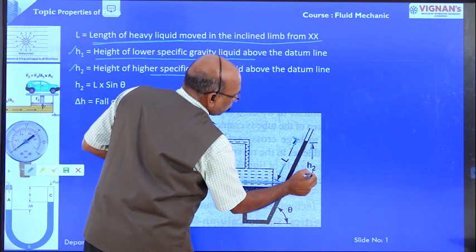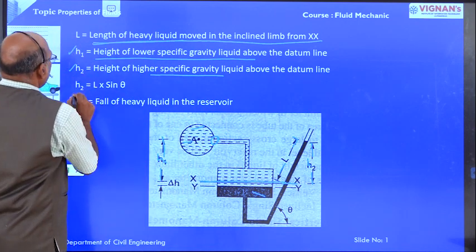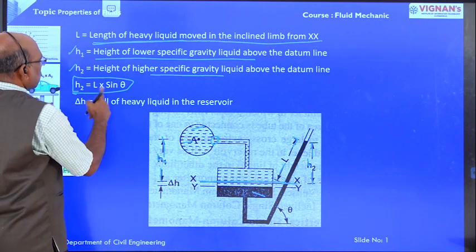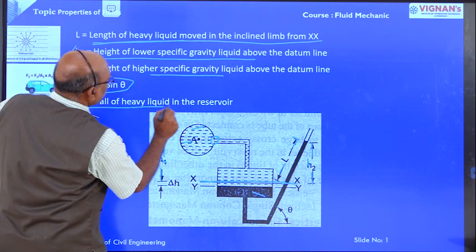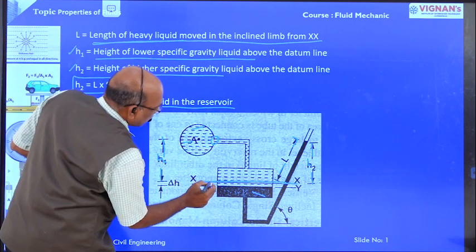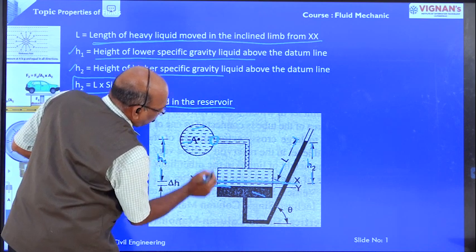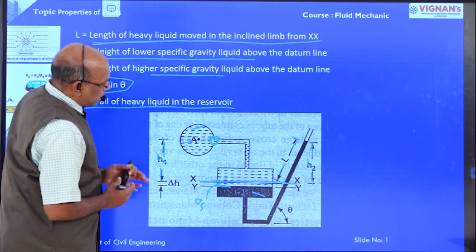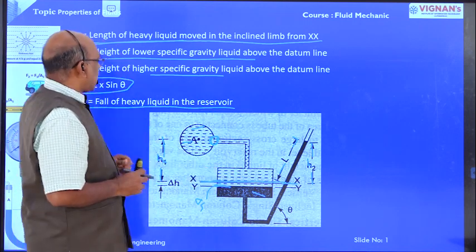Here in the case of the inclined single column manometer, H2 is equal to L sin theta. Already I have explained. Delta H is the fall of heavy liquid in the reservoir. Because of the pipe connecting at point A, the change of depth in the reservoir is delta H.